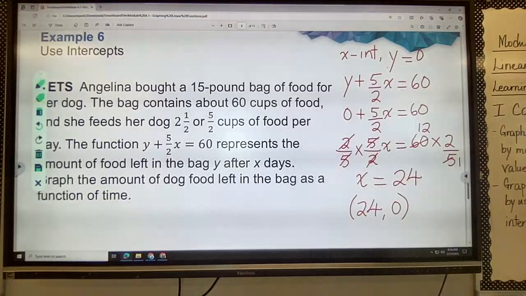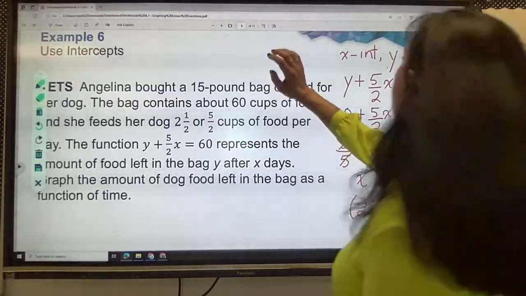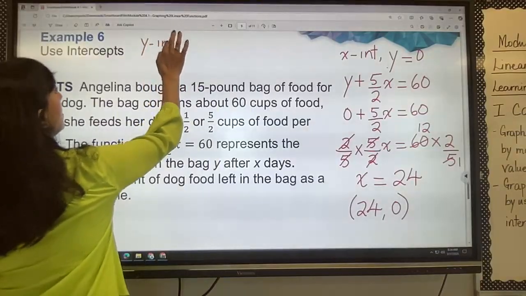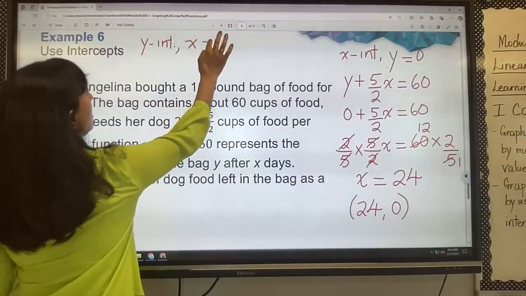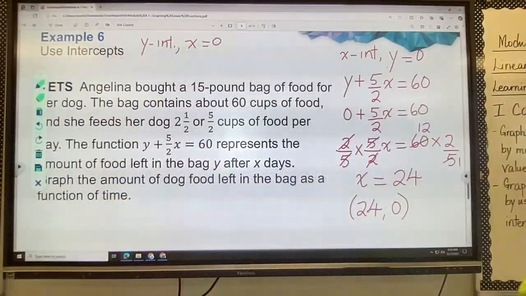Now, let's find the y-intercept. If you're finding the y-intercept, then we have x is equal to 0.